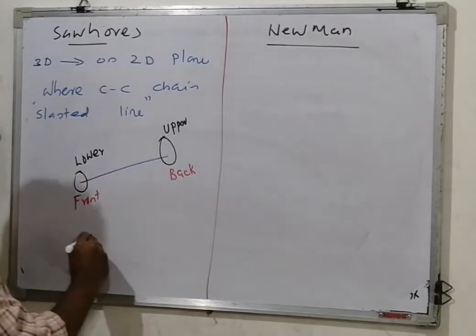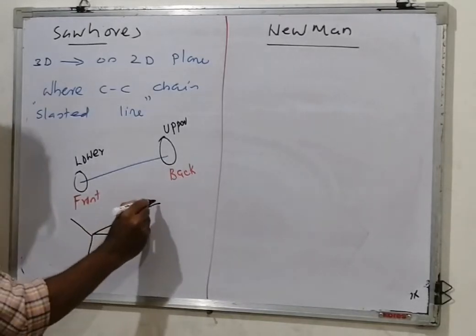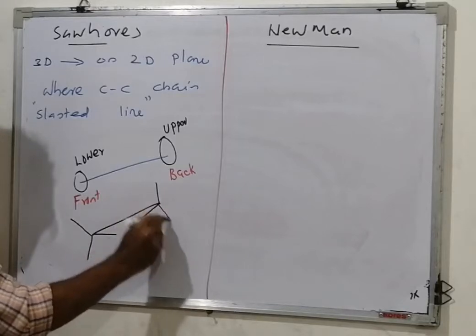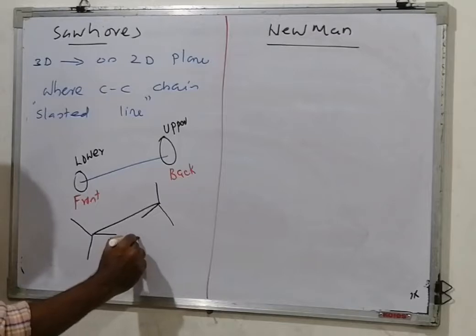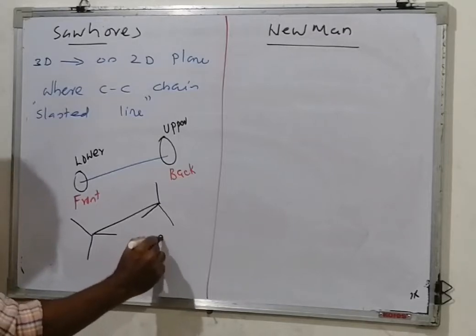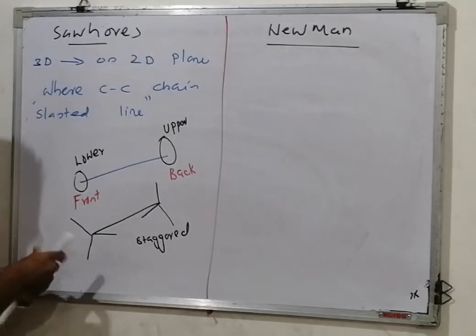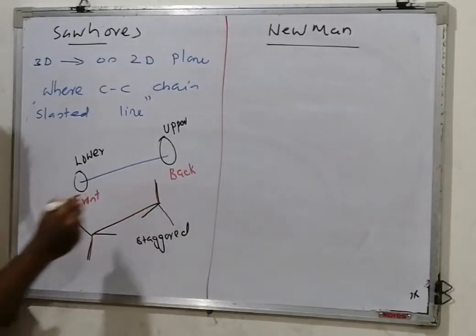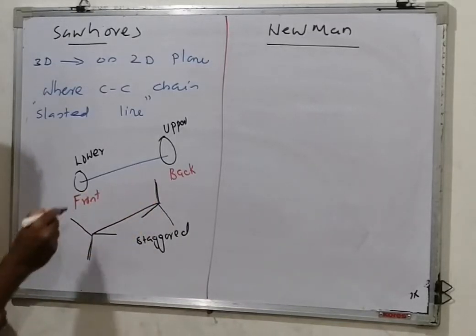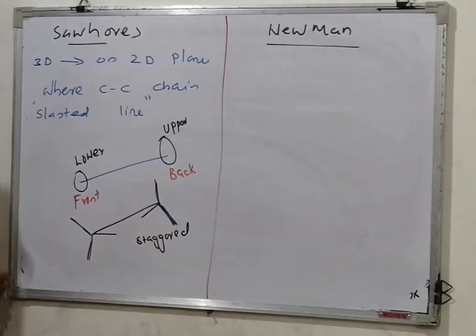Other bonds are attached to these. This is the staggered one, that is opposite. Let us see: down, up, left, right, and this side, then this side. Fine.